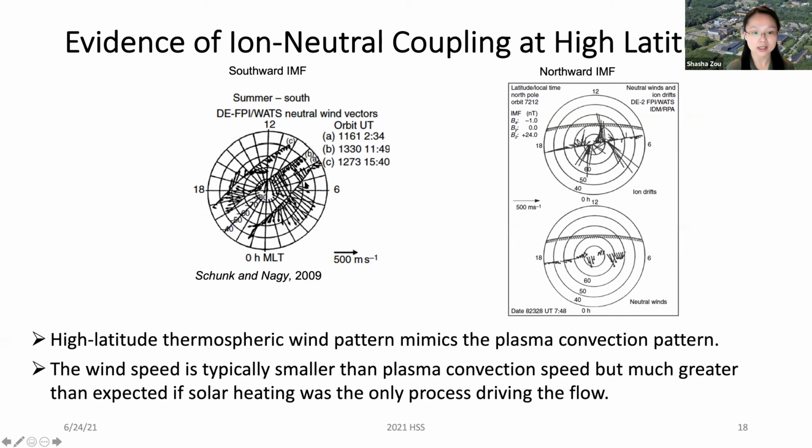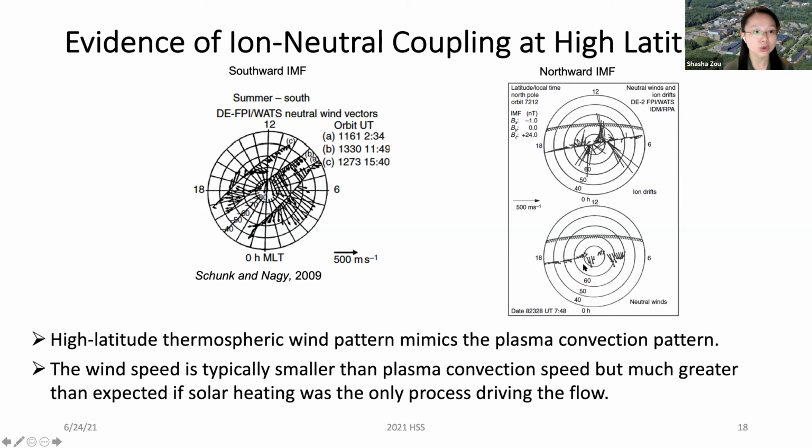So that creates the neutral circulations in the high latitude region. And very interestingly, the neutral circulation tends to mimic what the ionosphere convection is. So for example, this part shows a northward IMF condition. This is the plasma drifts. It's kind of chaotic, but you still can see the pattern.